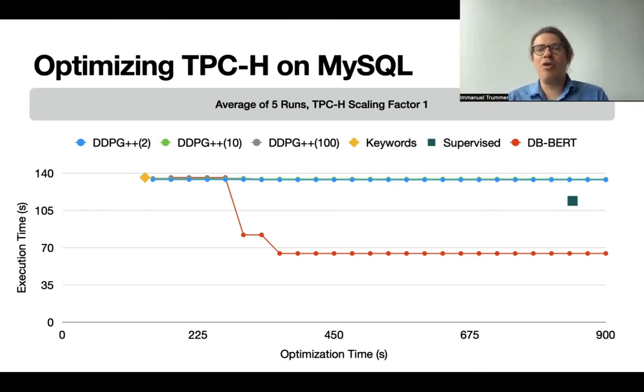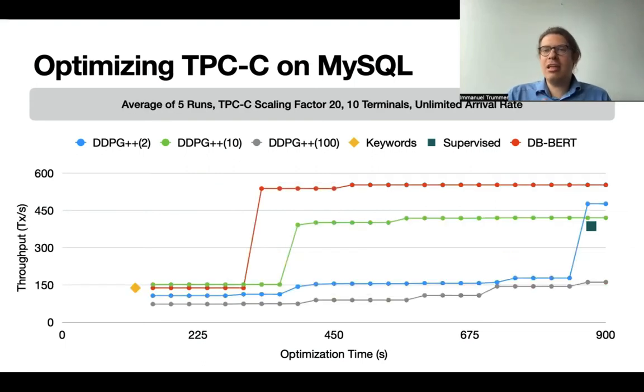When comparing DB-BERT against the keywords and supervised baselines, which are relatively simple approaches for extracting tuning hints from text documents that I have introduced in a recent publication, it turns out that DB-BERT performs better because it combines text mining with reinforcement learning, which enables it to deviate from recommended values and to integrate hints from different sources more flexibly.